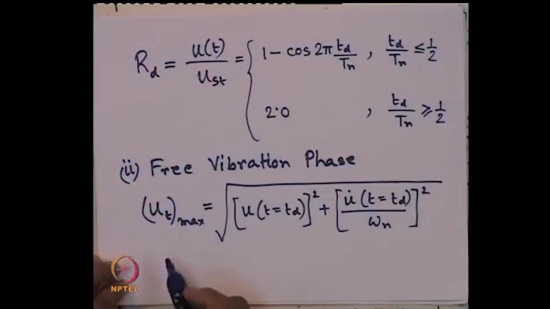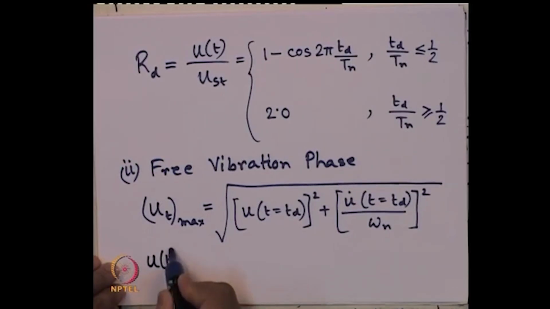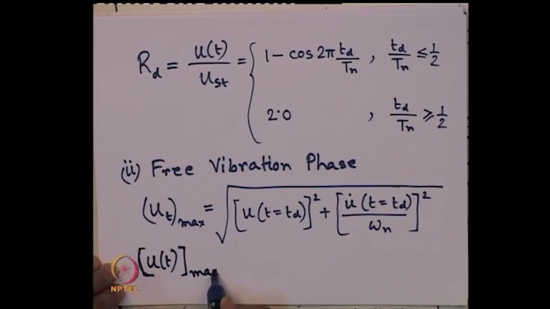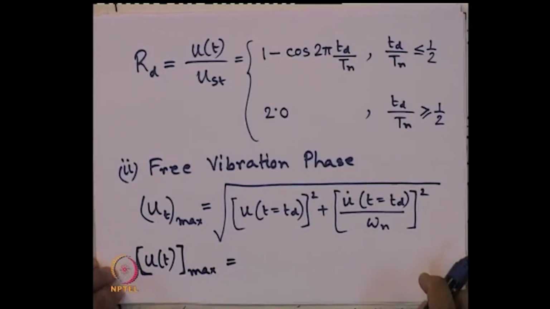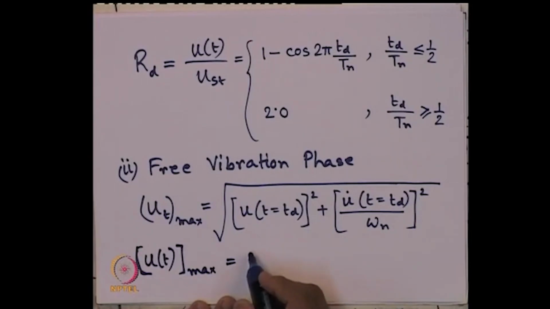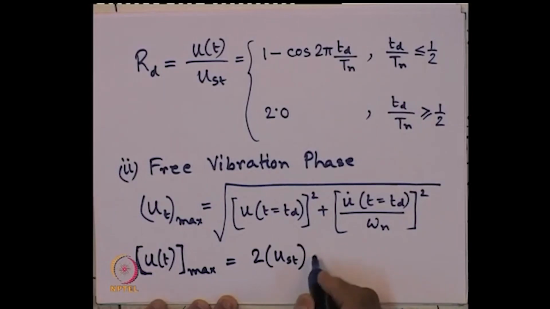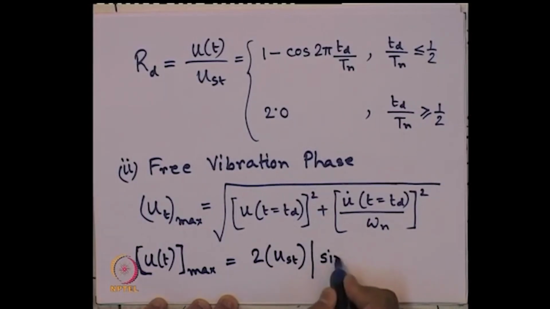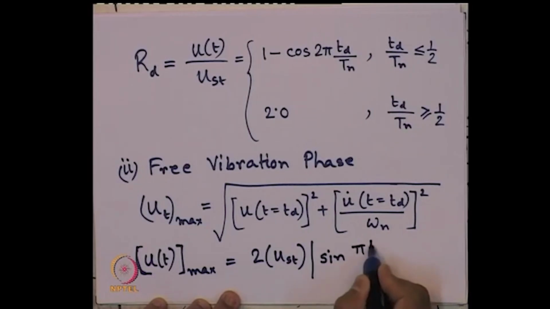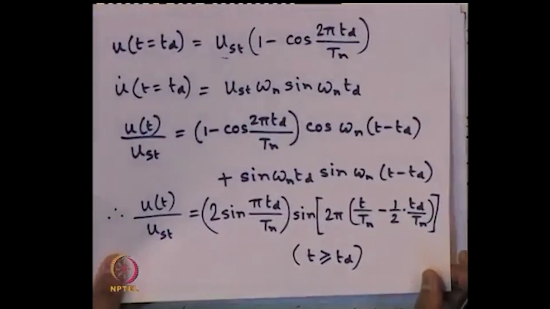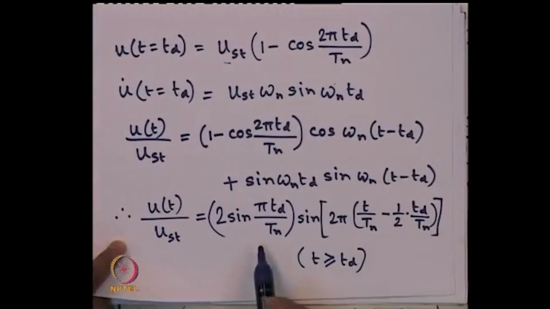Now, if I simplify it, u(t) max can be written, on simplification, by putting the known expression, as 2 times u_st times mod of sine of pi Td by Tn. Where from did I get it? Let us look at the solution of this, then we will be able to understand. Yes, here was the solution.